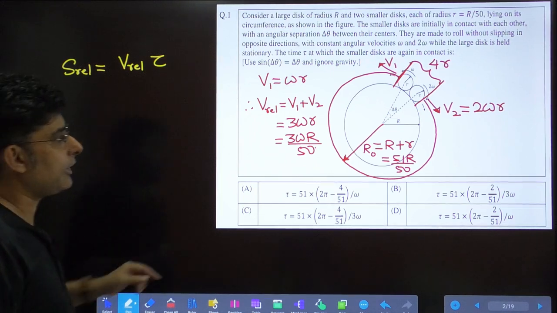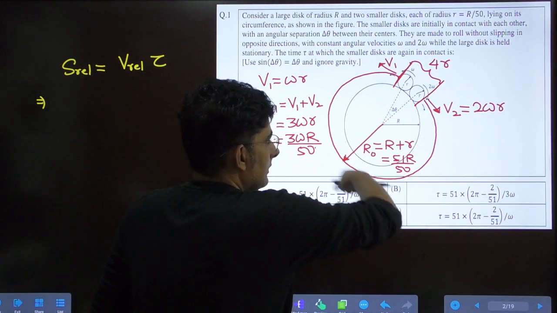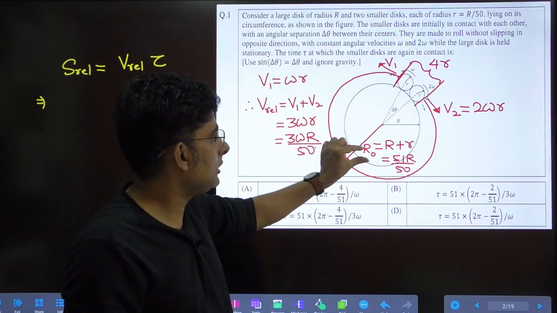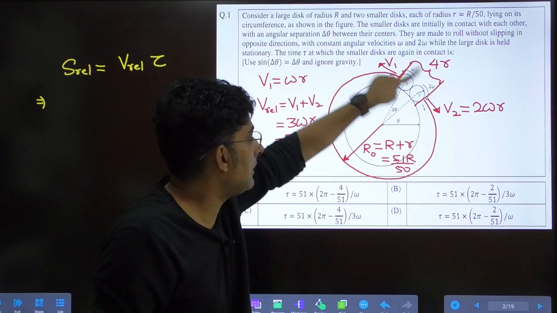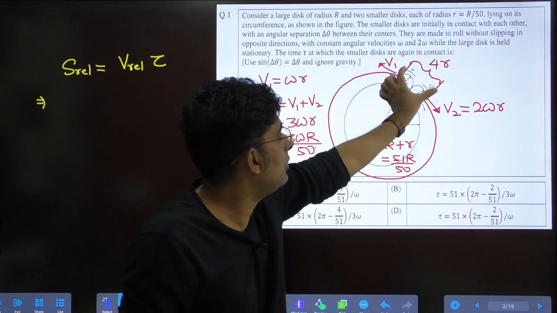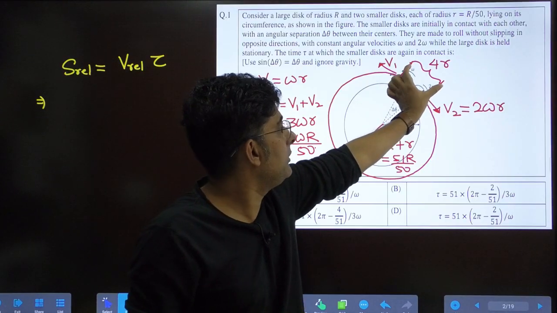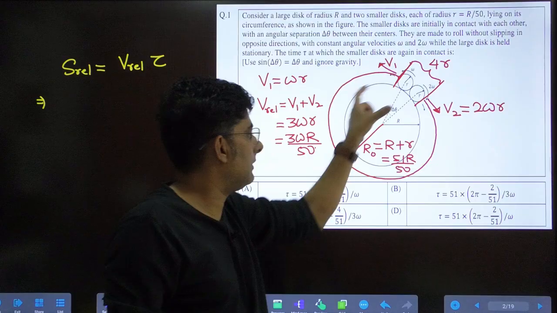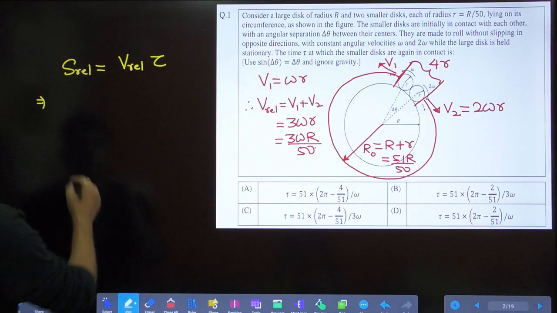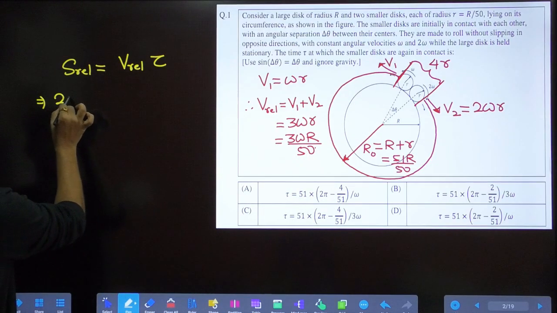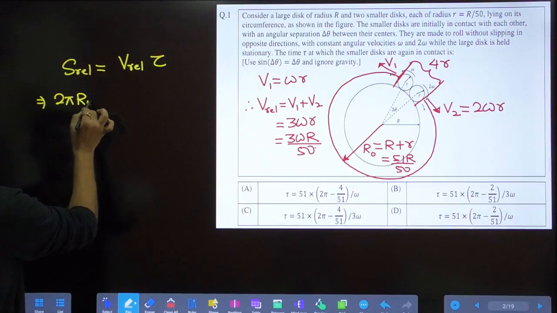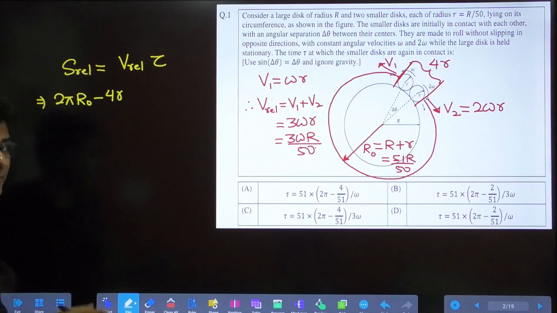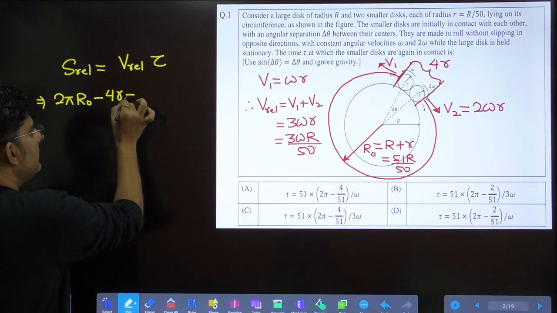You can see that this circular part whose radius is r0, but the complete circle we have not to take. We have to eliminate or remove basically 4r from the complete circle length. So that will be the relative distance travelled. So we will write that as nothing but 2 pi r0 minus 4r. This will be the distance travelled relative to each other by the centers.